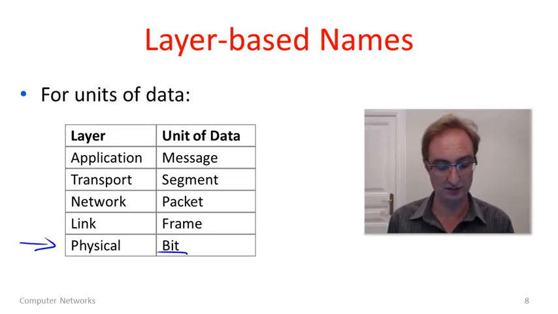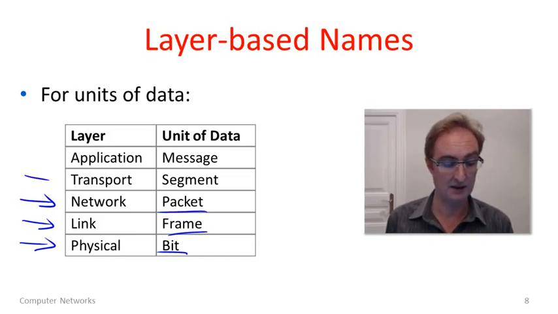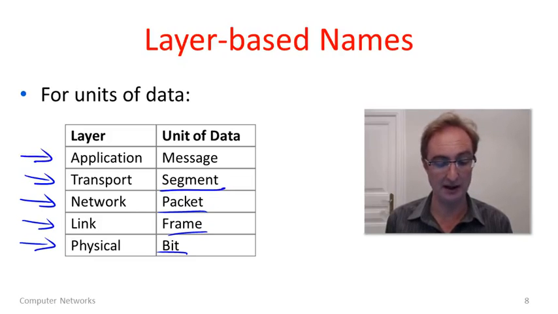If we're talking about the link layer, we'll often be talking about frames of information. The network layer is where packets exist. And a unit of information at the transport layer is actually called a segment. And there's a generic term for applications, and everything above that: message.